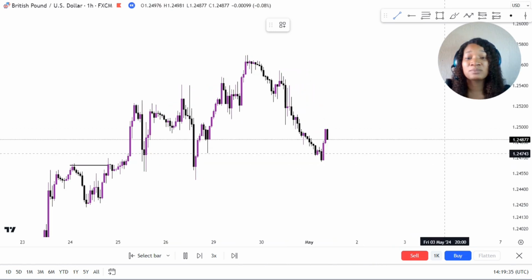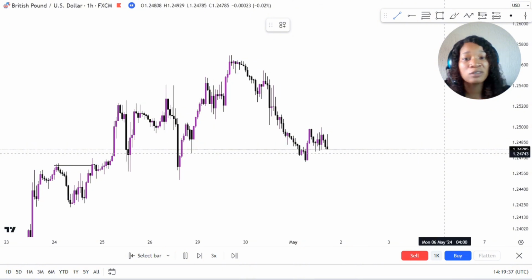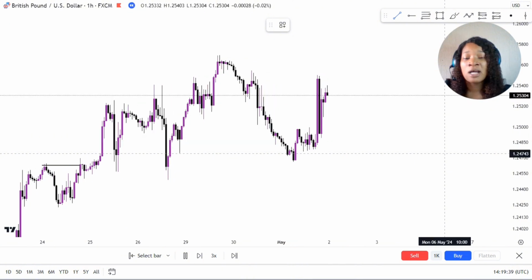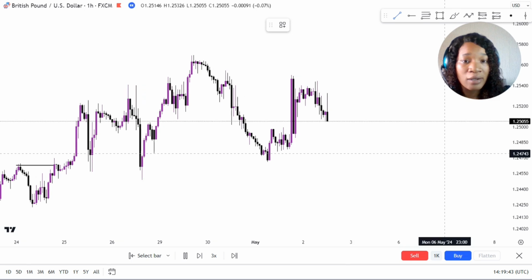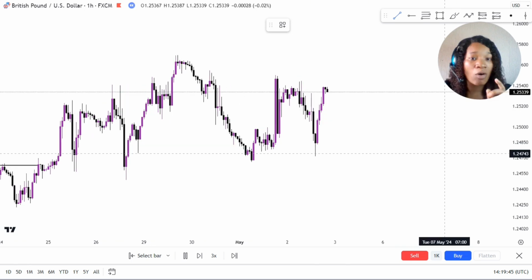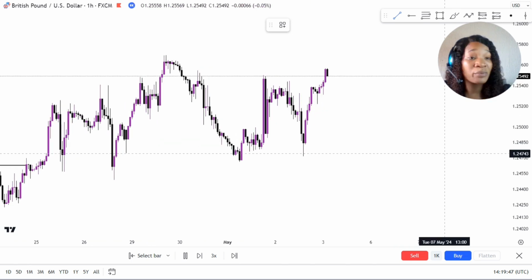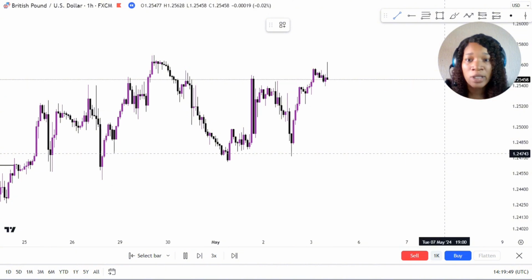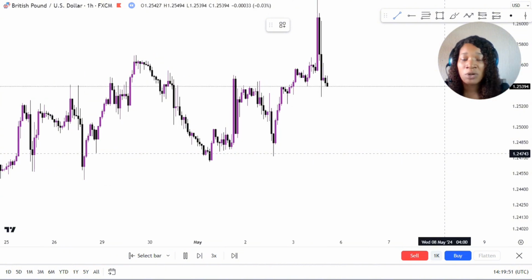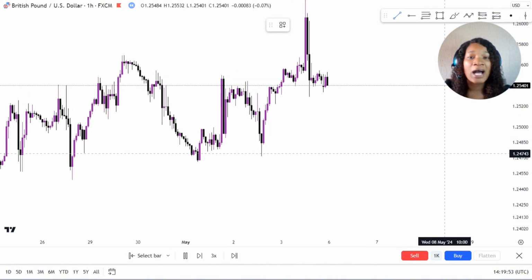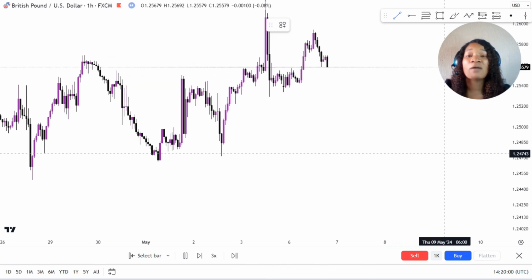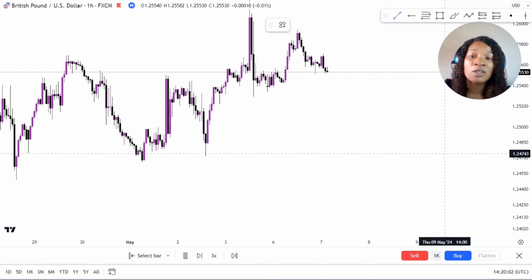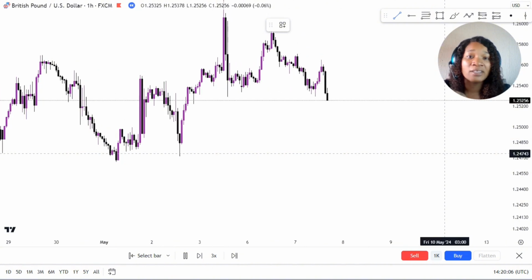That's when the trend is moving from an uptrend to a downtrend, or from a downtrend to an uptrend. Or some people use it as an entry model. We'll talk about how to use change of character as an entry model, but this specific video is just talking about how to use change of character to identify a trend reversal.